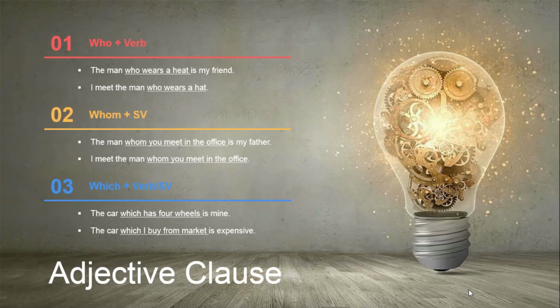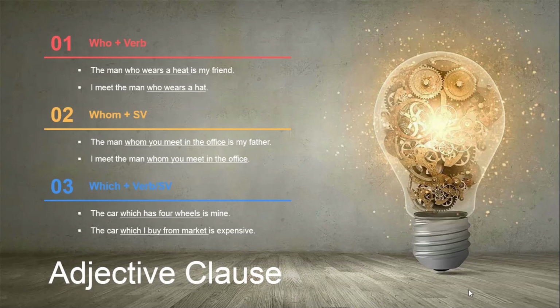Here, "wears a hat" is located behind because it describes the man, which is an object. So once again, an adjective clause can describe a subject or an object because in front of it is a noun. The function of the adjective clause is to describe the noun in front of it.